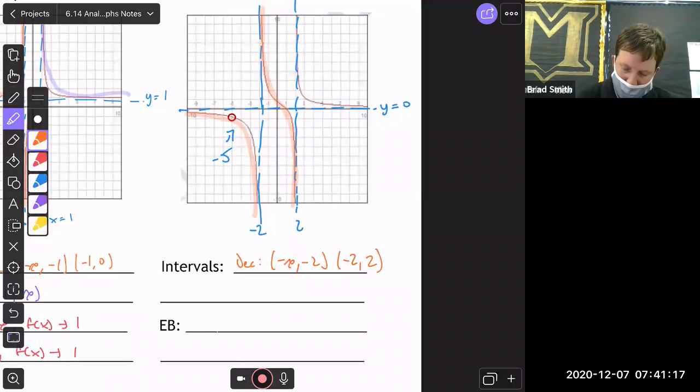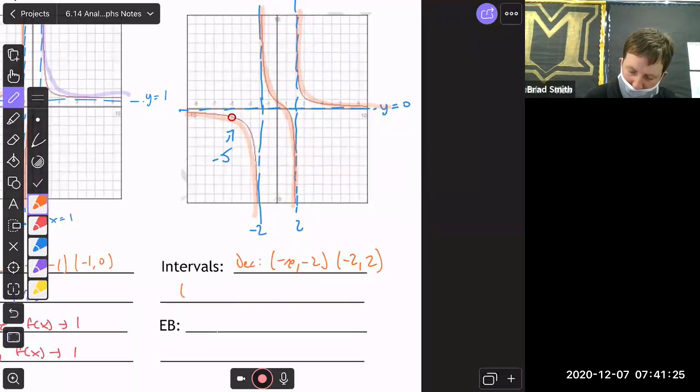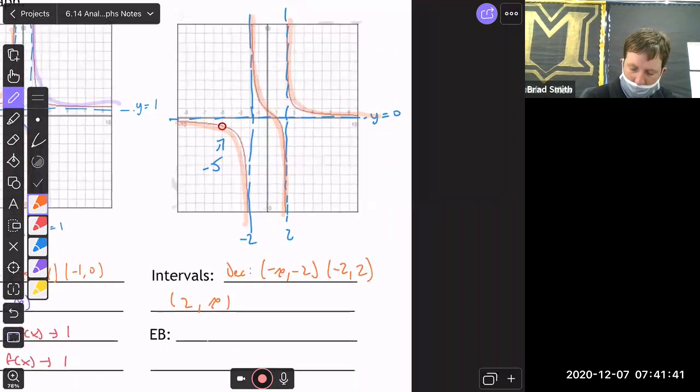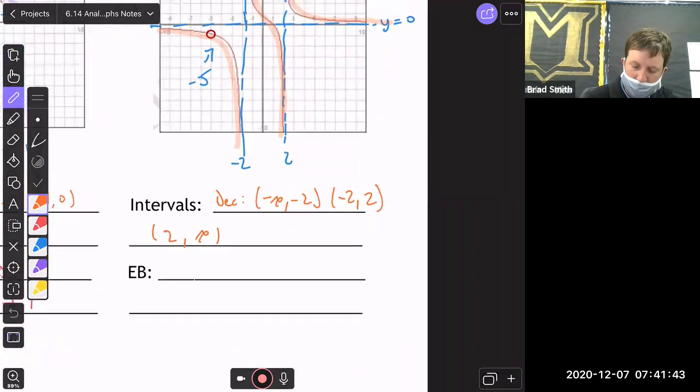Let's look at the last piece. It's starting up here, and it's decreasing forever and ever, even as it approaches the asymptote. So that's going from, what do we call it? That's +2 to infinity. Now, the only thing I forgot to add that I skipped right over was this hole, right? In order to add the hole, you can do a couple things.